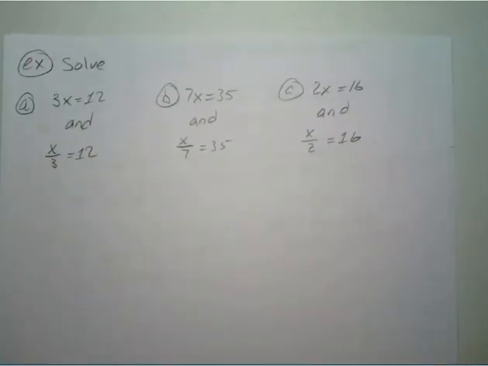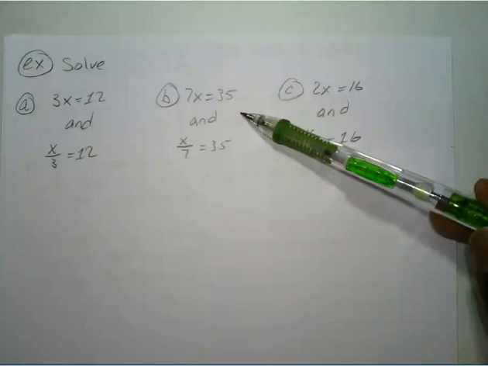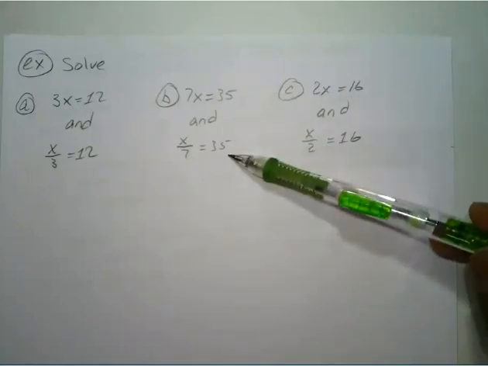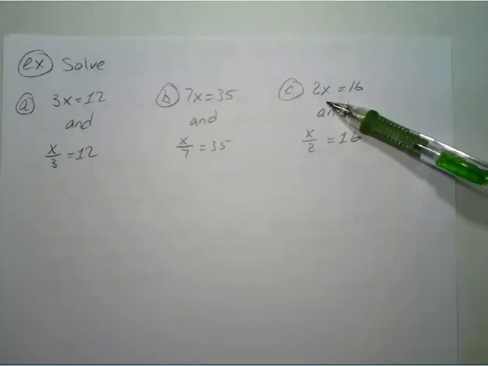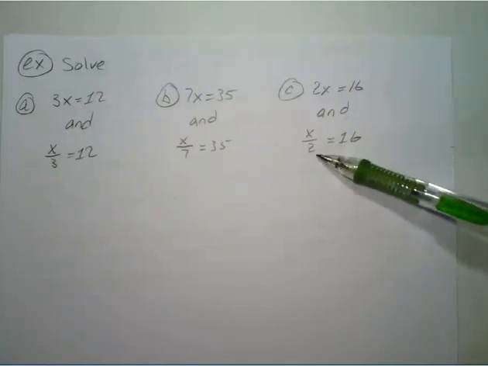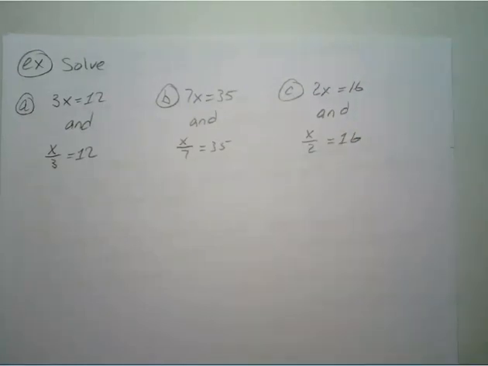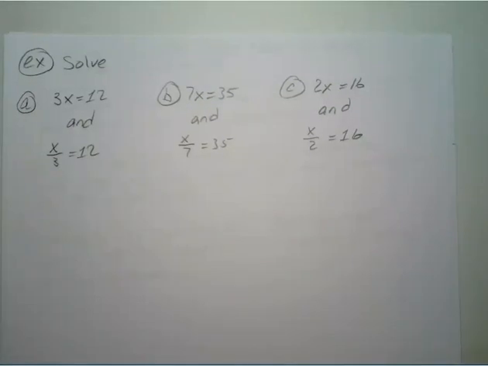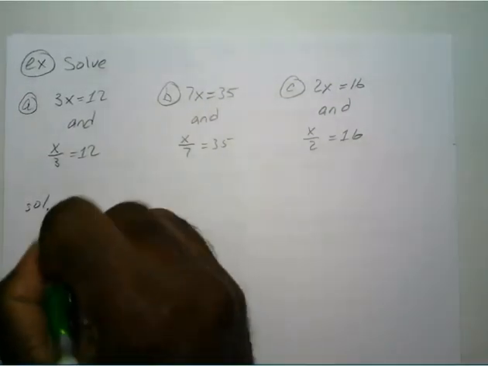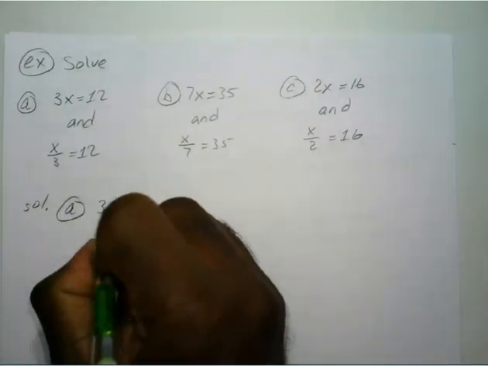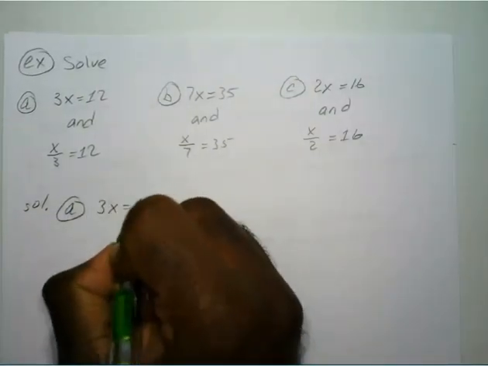Okay, so let's say for problem A, we have 3 times x equals 12 and x divided by 3 equals 12. We have 7 times x equals 35 and x divided by 7 equals 35. And we have 2 times x equals 16 and x divided by 2 equals 16. So remember, we're always going to do the opposite operation. Okay, so for problem A, you have 3 times x equals 12.